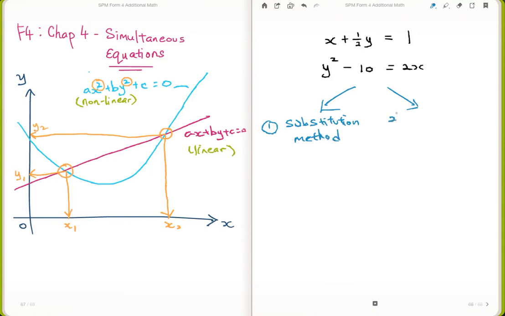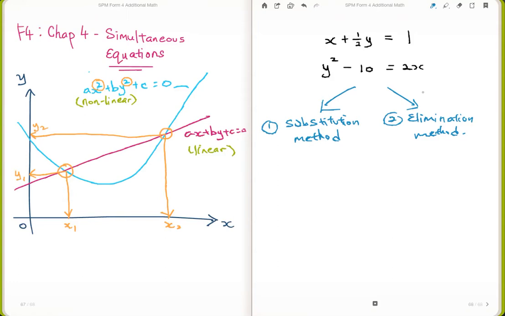Or another method is called the elimination method. The elimination method is quite limited to certain questions where you have a common term, then you cancel off one of them and then you solve it.